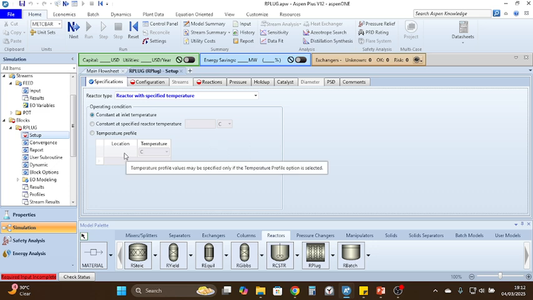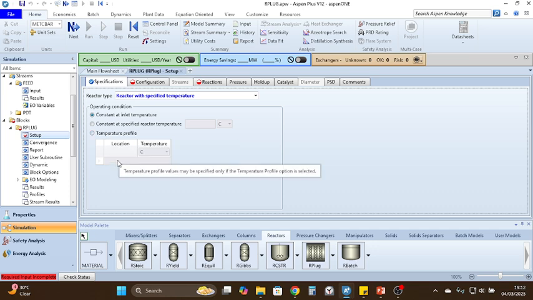So in that case, across the PFR, the temperature profile will also be generated, and we can give the temperature profile. Over here, we have to write down the length of the reactor, that is, at a particular length, what temperature we want to achieve. Like that, we can model this reactor.